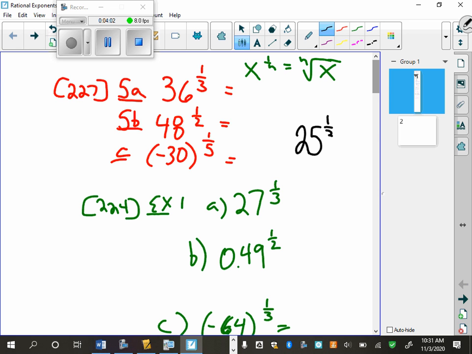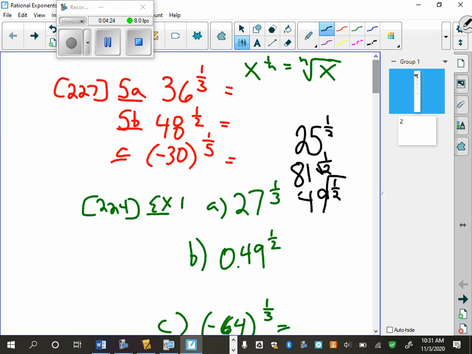No one has a guess? What do you think this equals? Or this? That's probably the easiest one. What do you think 49 to the 1/2 equals? 7. Good job.